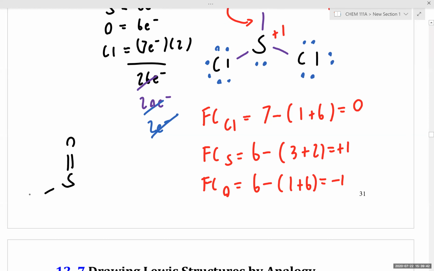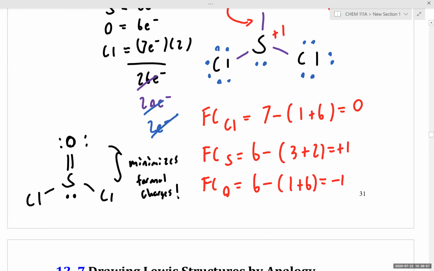The reason this expanded octet structure is so preferred is that it minimizes formal charges. So that's a little teaser of what we're going to be covering next class session.